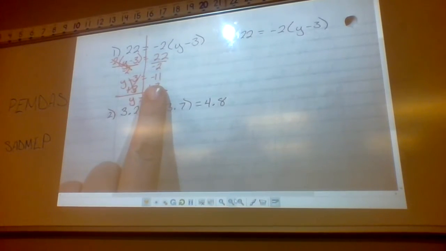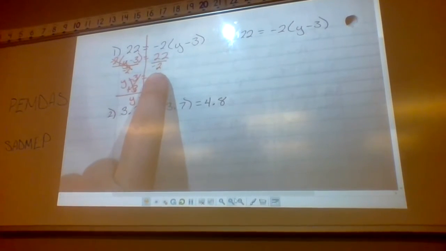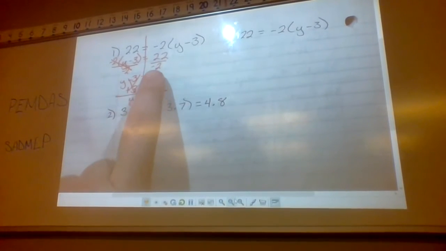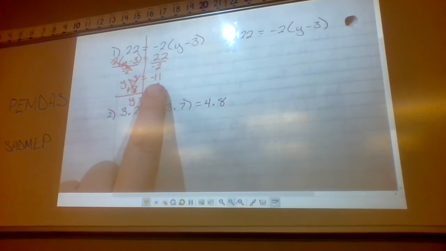Did you divide by a negative 2 right here? Yeah. What's a positive divided by a negative? A negative. Now, are these the same or different signs? So you subtract. You're not the only one who did that.